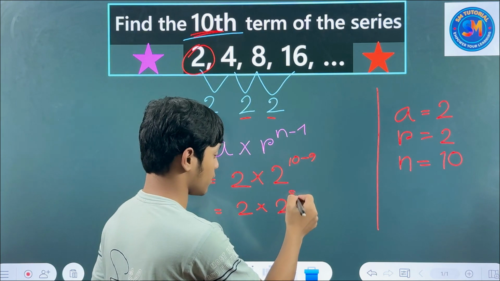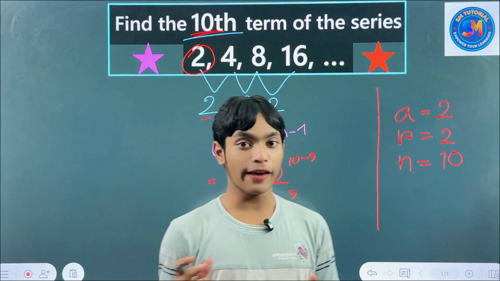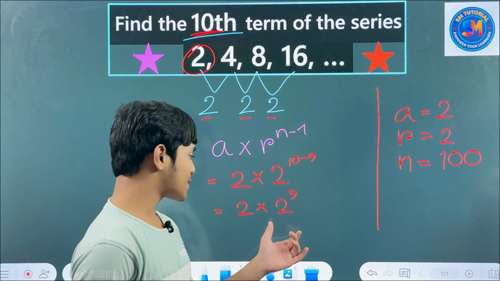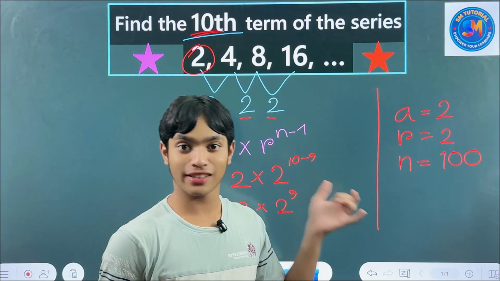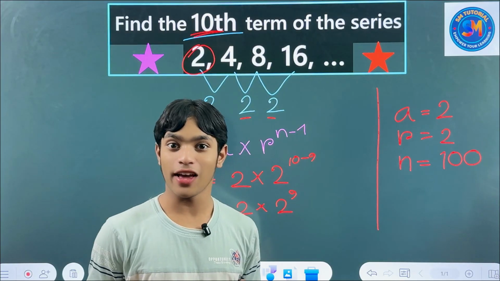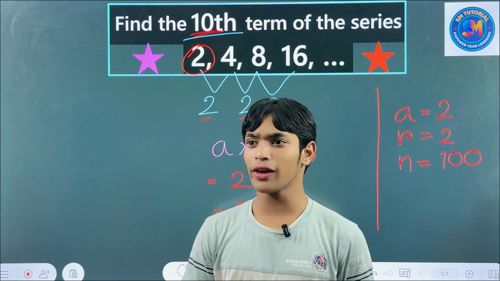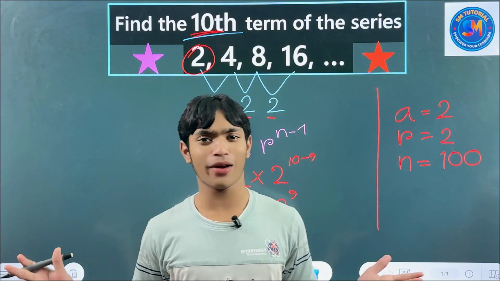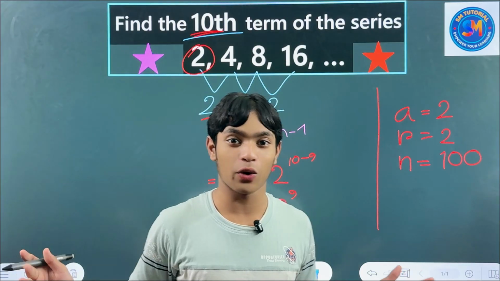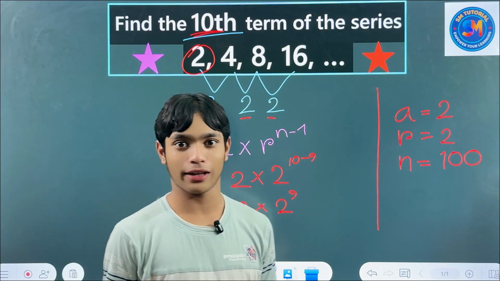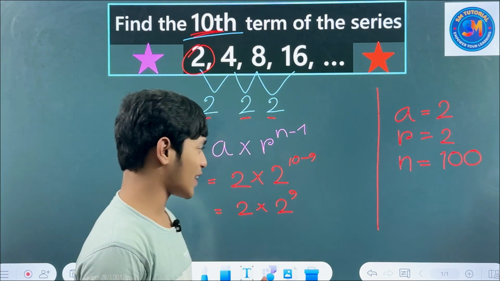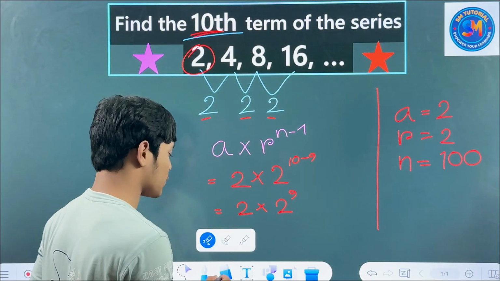If n equals 100, this would be 2 to the power 99 multiplied by 2, that means 2 to the power 100. Can you imagine 2 to the power 100? It will be a very large value, over a decillion, and the calculator would struggle to solve it. So it is almost impossible to find.